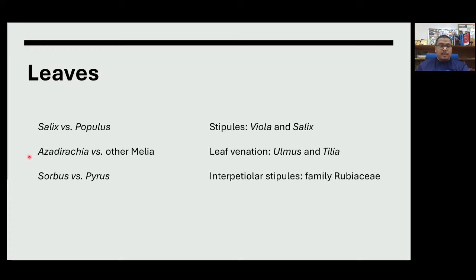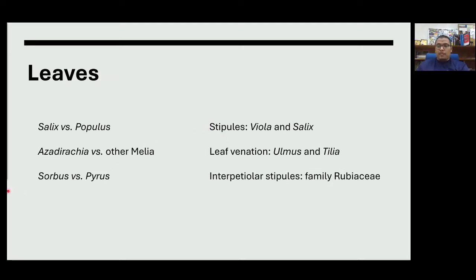The genus Azadirachta can be separated from Melia by the presence of unipinnate leaves against bipinnate leaves in Melia. Similarly, the genus Sorbus has been separated from Pyrus on the basis of the pinnate leaf.